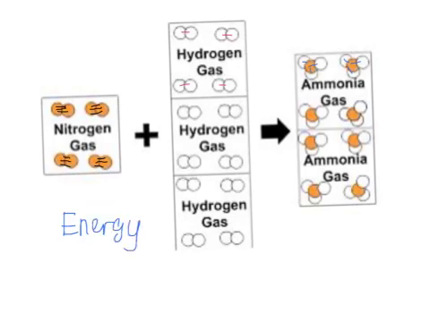Exactly. Therefore, when the bonds in nitrogen gas and even the bonds within hydrogen gas have to be broken, remember, energy must be applied. Now, after they have broken the bonds, they are going to form new bonds.